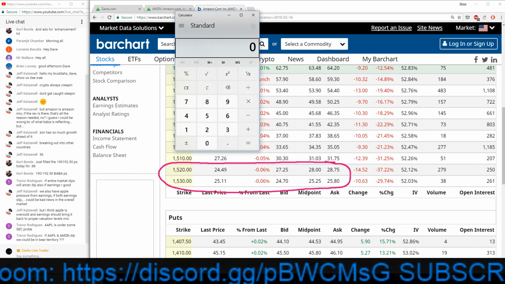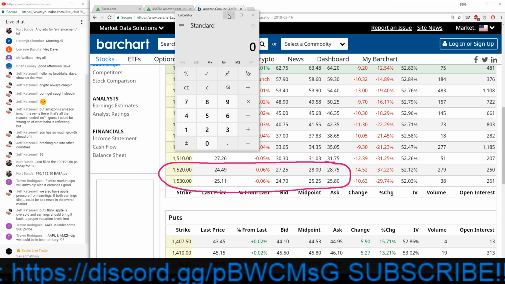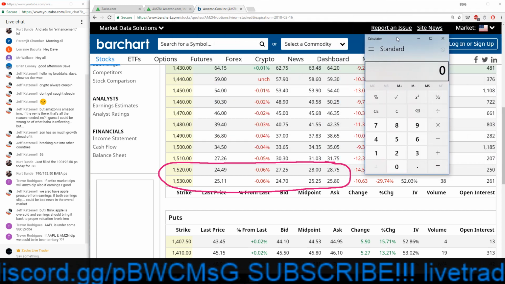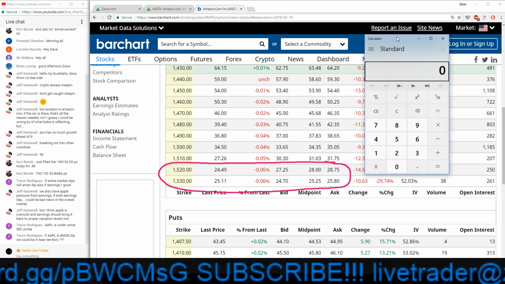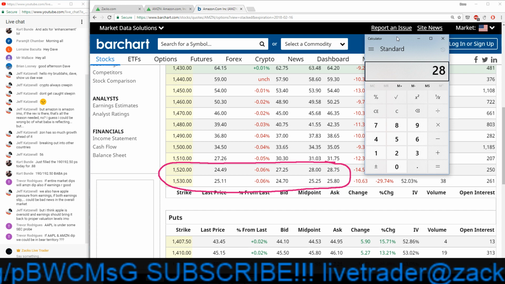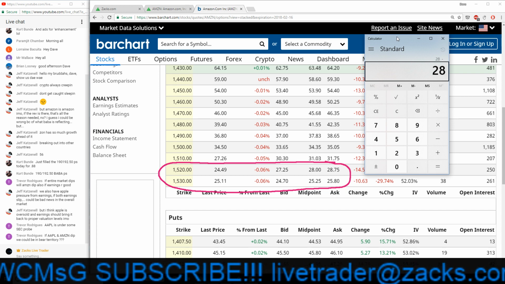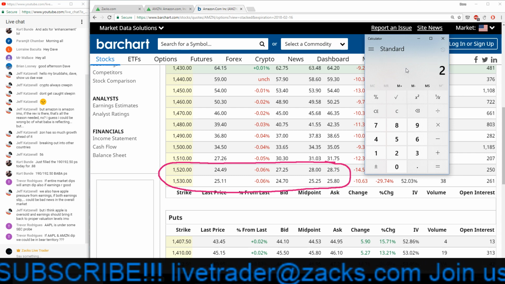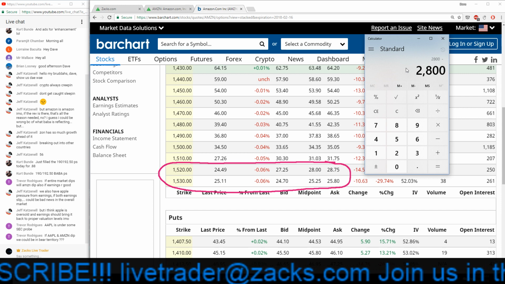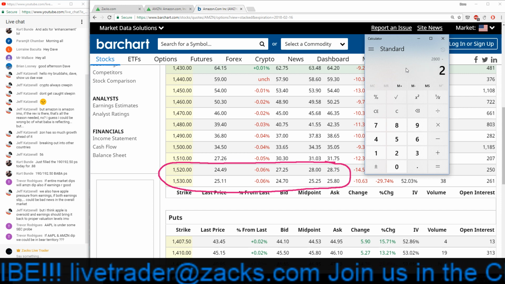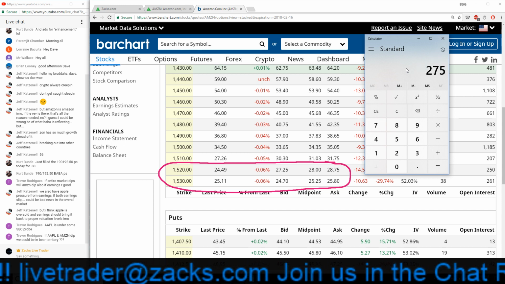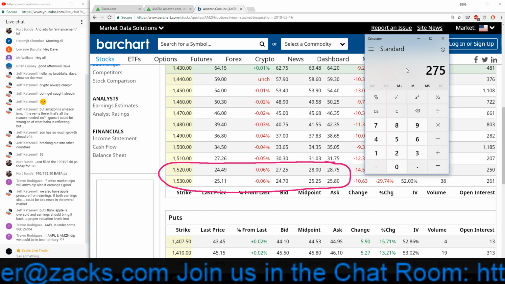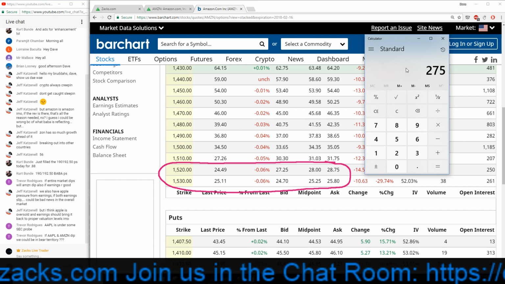So look at how expensive this makes it, dollar-wise, nominally, to sell call spreads out of the money. The 1520 call is $2,800. I don't even know how we should show this the easiest way. Let's just do that. 2,800. 25 is what you'd get back for buying that 1530 rather.